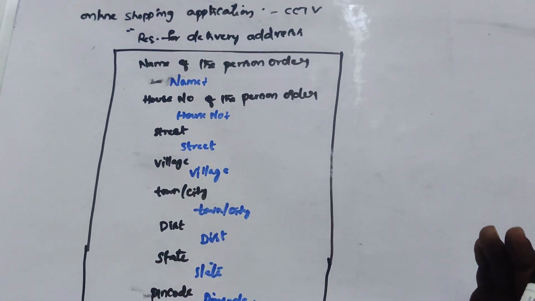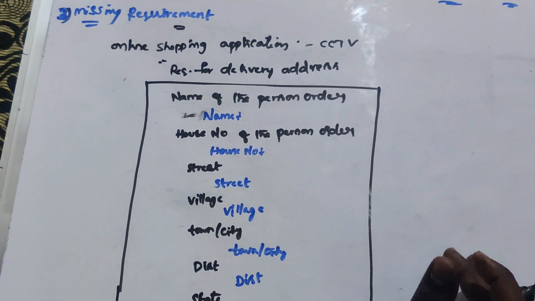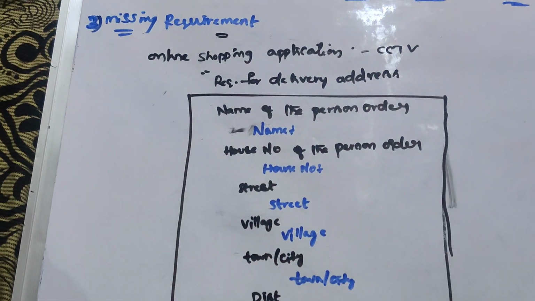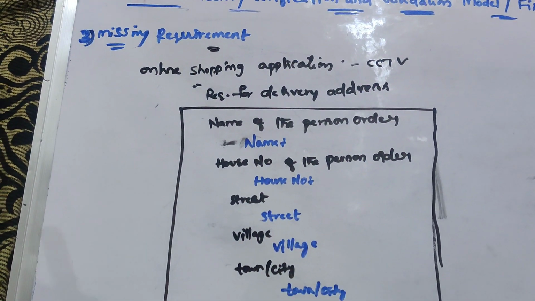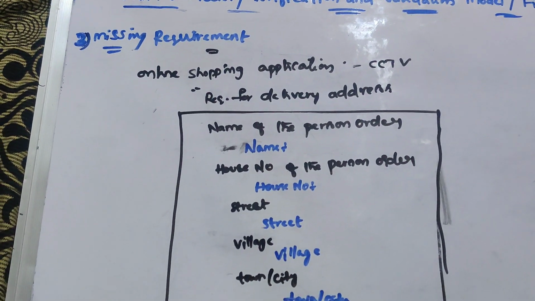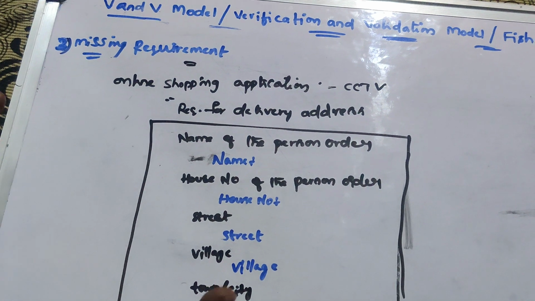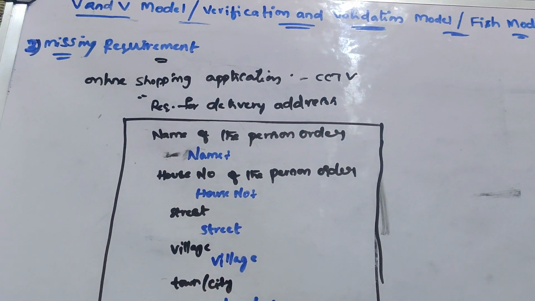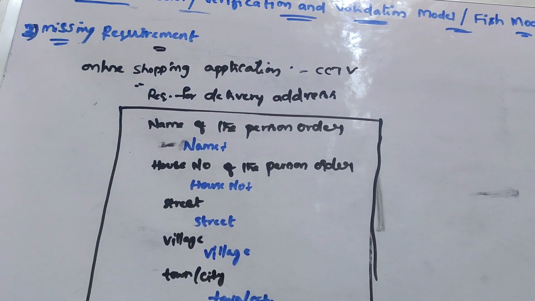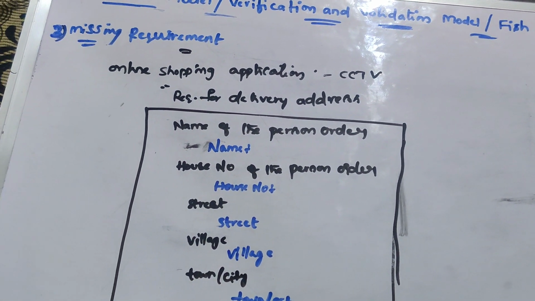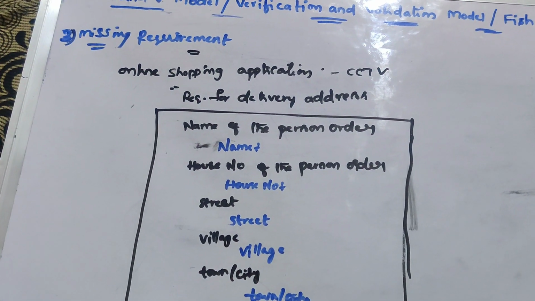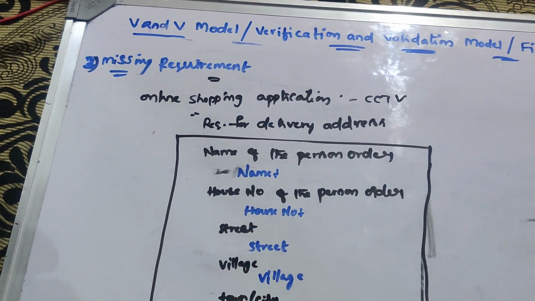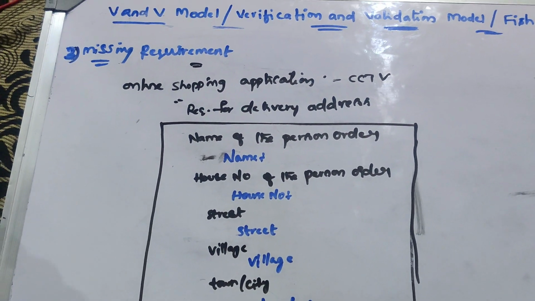Actually, if you order any product in any online application, the order is placed successfully and it is dispatched for delivery. Tomorrow you are going to receive your product. The delivery boy has your product and he came to your town, but he doesn't know your address.